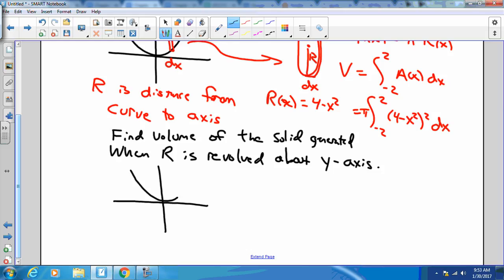Let's find the volume of the solid generated when R is revolved about the y-axis. Now this is an interesting problem which does not always occur. But notice in this particular case that R is going to actually coincide with itself once I flip it 180 degrees, right?